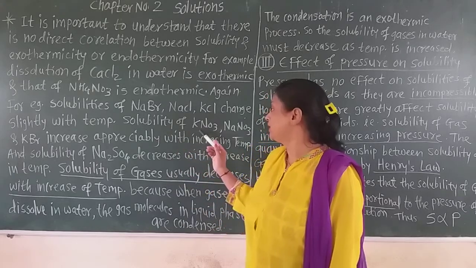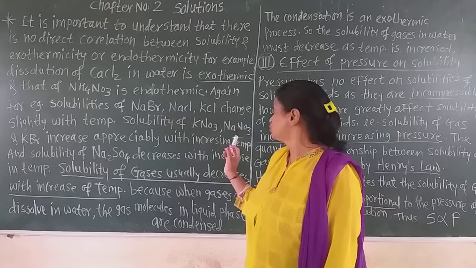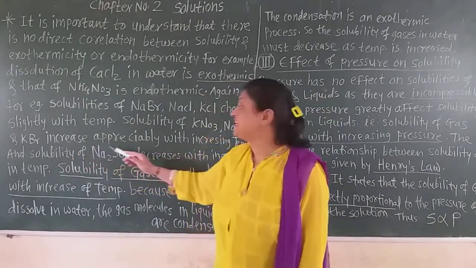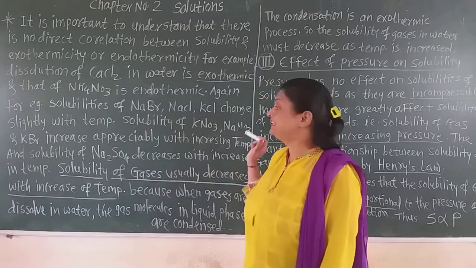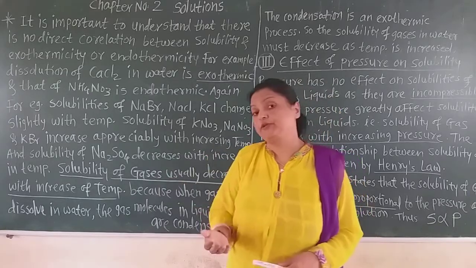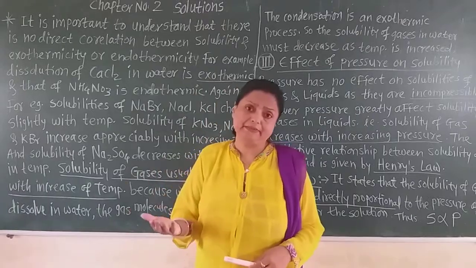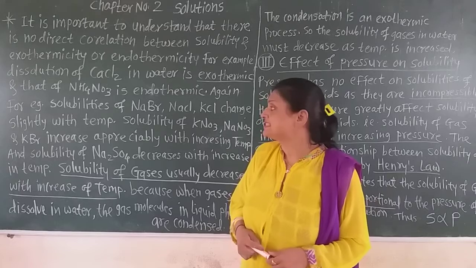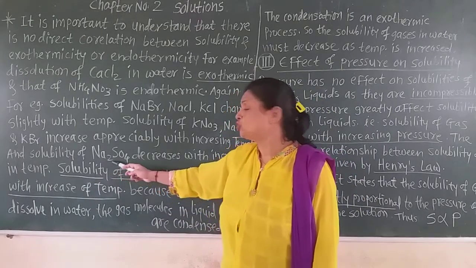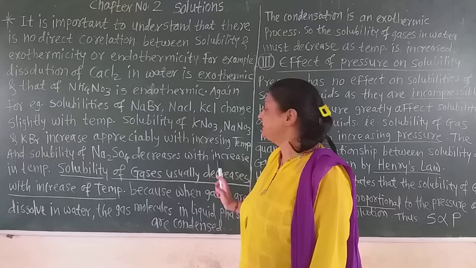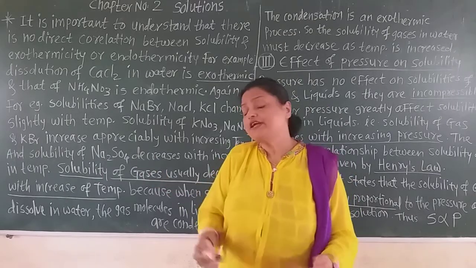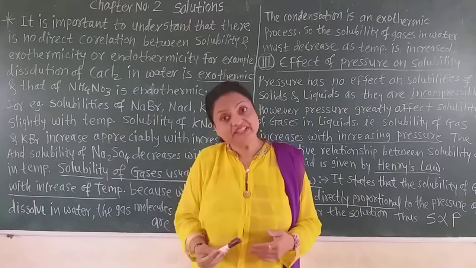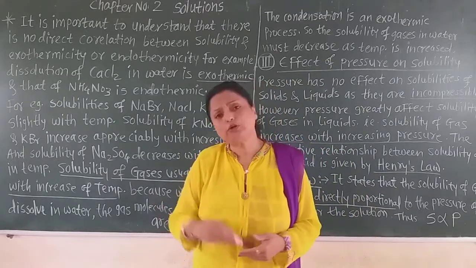But the solubility of KNO3, potassium nitrate, sodium nitrate and potassium bromide increases appreciably with increasing temperature. But there are substances such as sodium sulfate whose solubility decreases with increase of temperature. What does this show? This shows that there is no direct correlation between solubility and exothermicity or endothermicity.